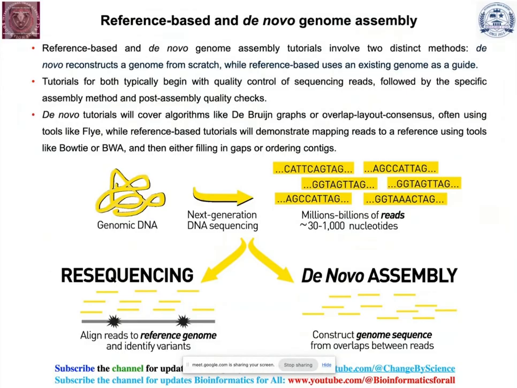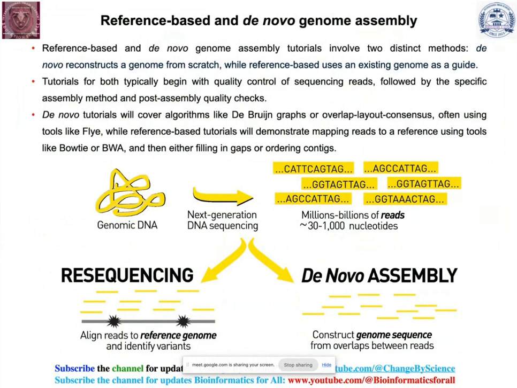Here you can clearly see the easiest difference between de novo and reference-based assembly. In de novo, you don't know the exact whole genome of the organism, but in reference-based assembly, reference genomes are easily available.